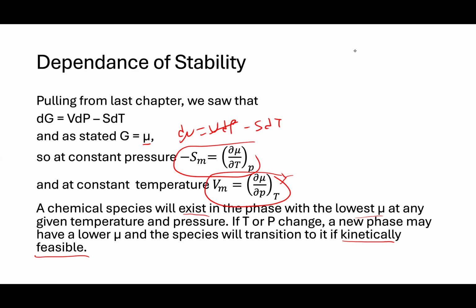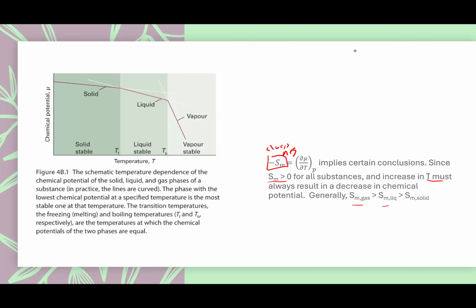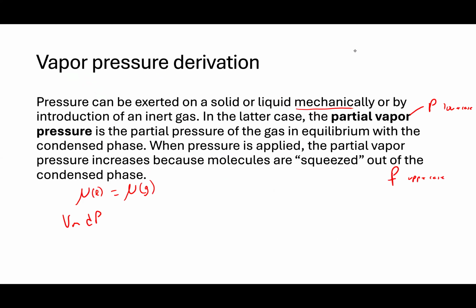Vm times dP gets you dmu, the change in the chemical potential. Vm of the liquid times dP. Keep in mind this is capital P, for the total pressure, dP, capital P, total pressure.